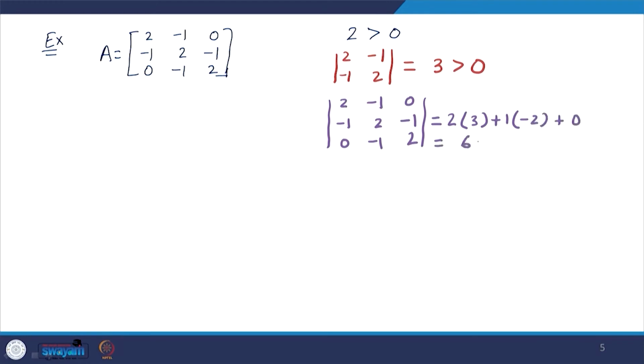So it is 6 minus 2, which is 4, which is again positive. So all these 3 pivots, this one and the whole one, are positive, even strictly positive. So this matrix is positive definite.